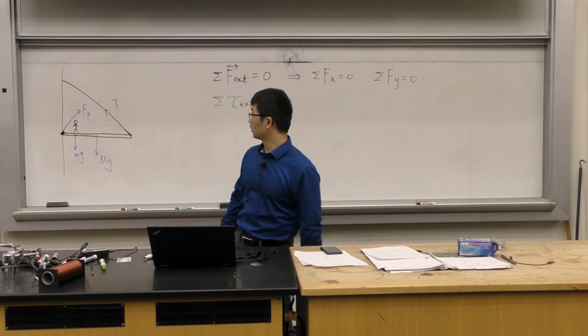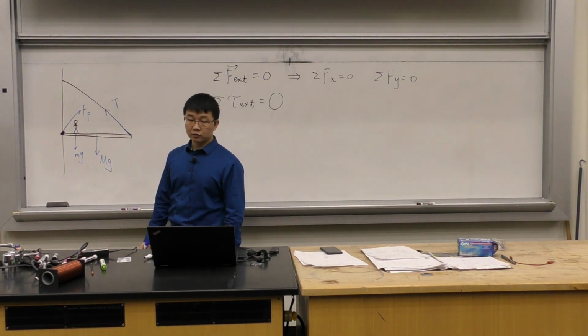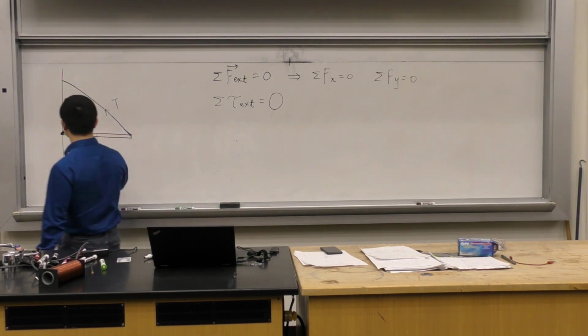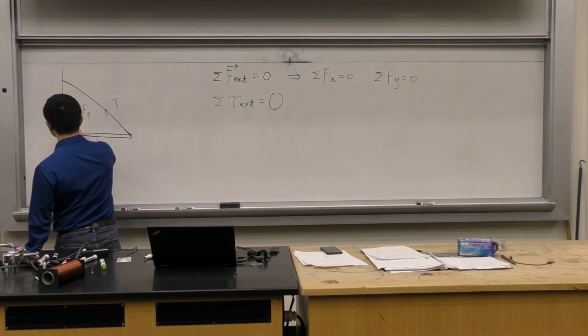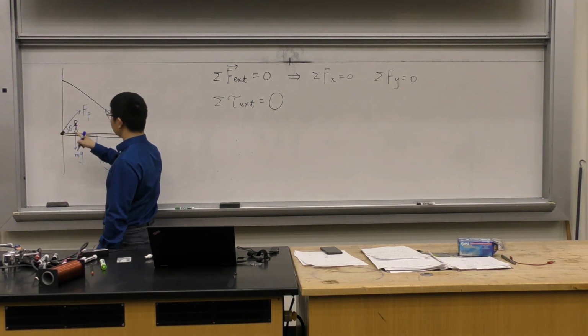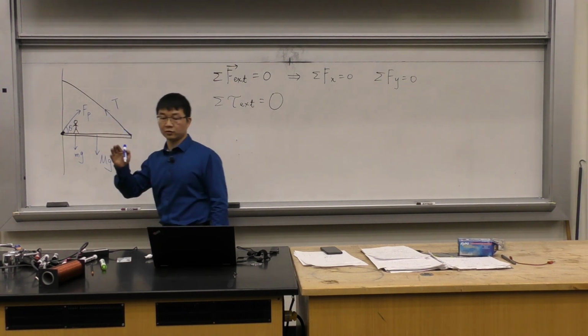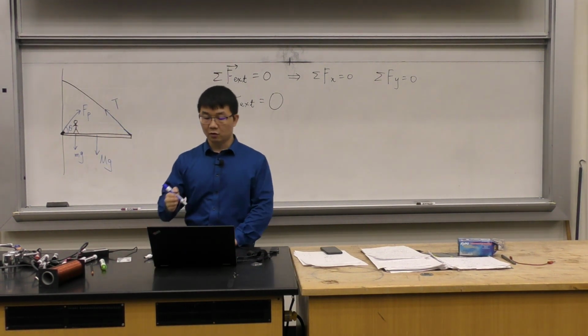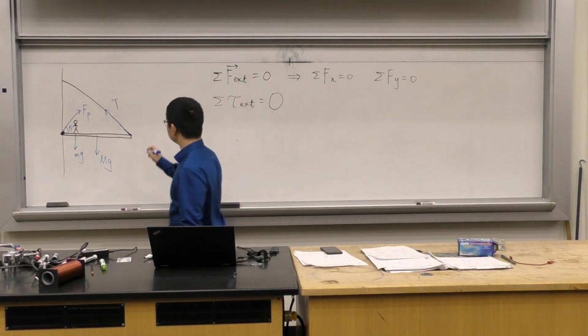That's why the problem asks you to find this direction. In order to specify the direction, I can just say it has an angle theta, right? So I can use the magnitude and angle theta to specify that force. The direction of the tension, you always know that because it's always along the cable. So this is going to be 50 degrees.